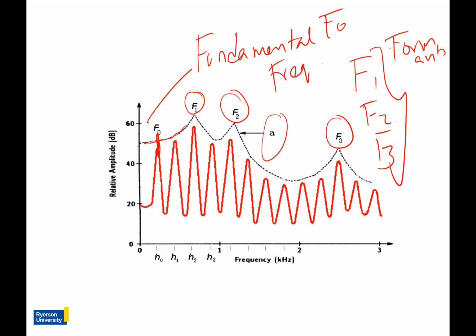So very, very important. In doing machine learning with any speech application, whether we talk about the current voice assistant devices, they all extract these features and do machine learning on that. So you need to extract the fundamental frequency and the formants to do feature extraction followed by machine learning.